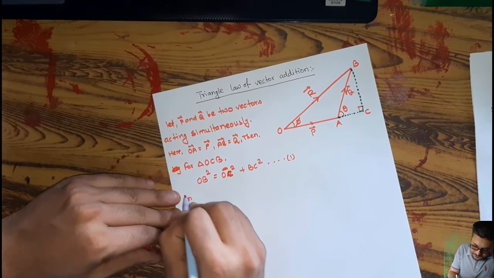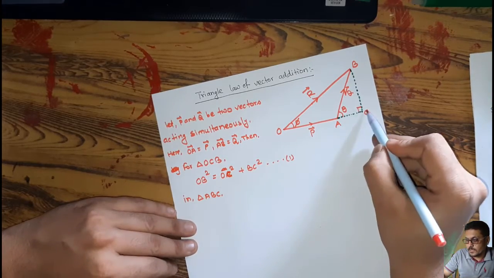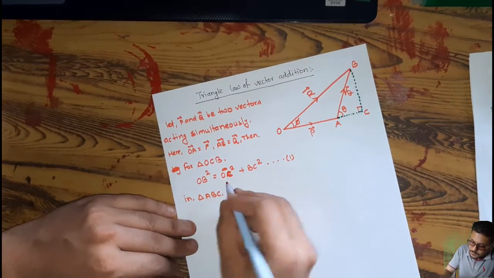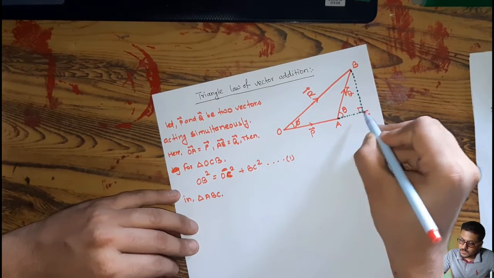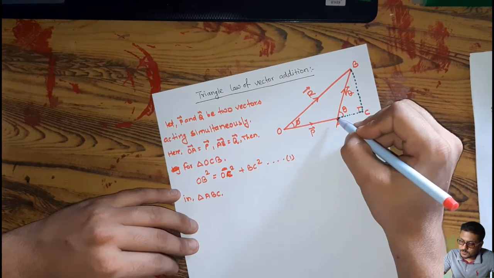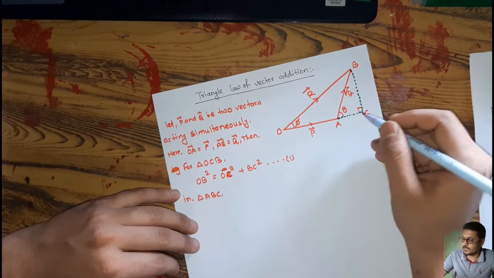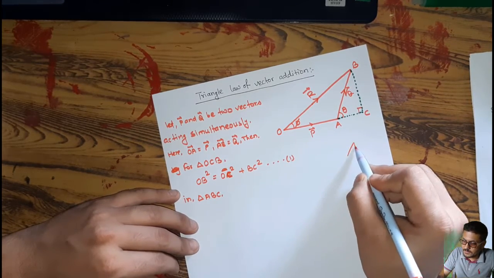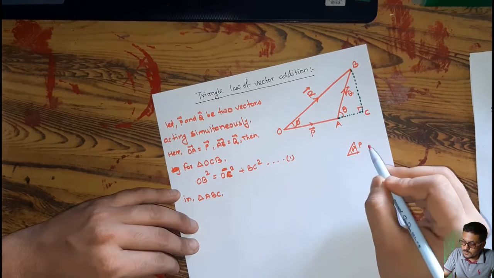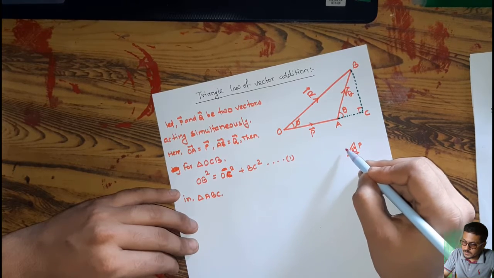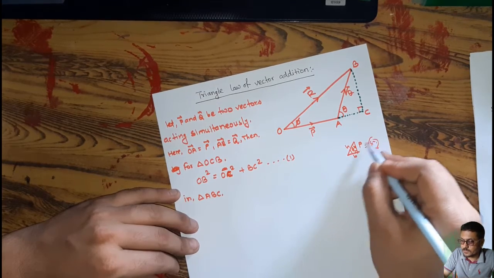Now, in triangle ABC, this small triangle ABC, we have to find AC. This is a right angle triangle. It means this is the hypotenuse, this is the base, and this is the perpendicular. Then we can use sine theta and cos theta for these values.